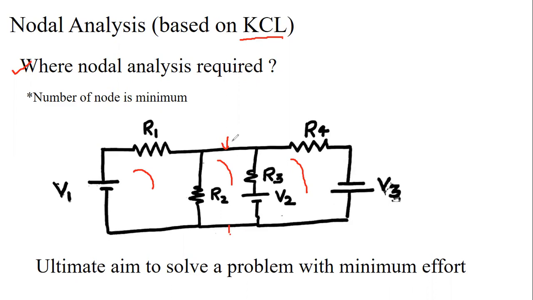This question can be solved by a single equation in nodal analysis, while it takes 3 equations in mesh analysis. So nodal analysis is always preferred where the number of nodes is minimum compared to the number of meshes. Our ultimate aim is to solve a problem with minimum effort.